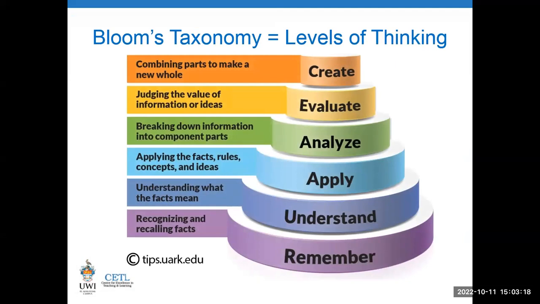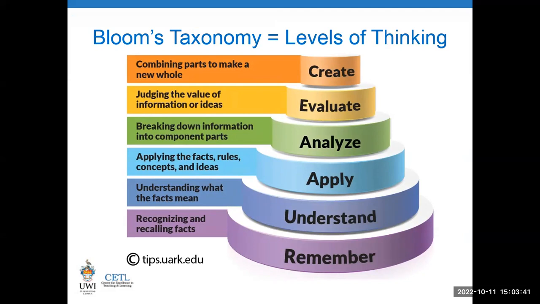So you have different levels of thinking, and some of you may know this already. I mentioned earlier that at the basic level you have understanding and remembering, so students will be able to identify, list, explain. But if they can create, that is much more complicated, much more demanding, much more intricate.